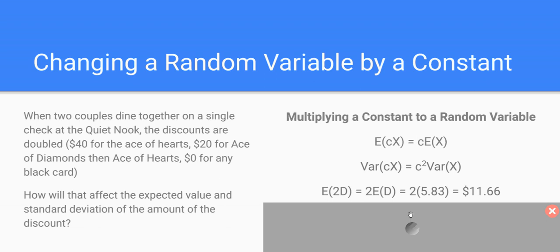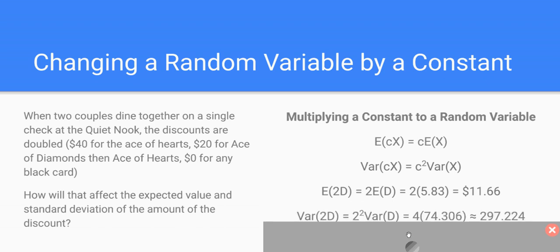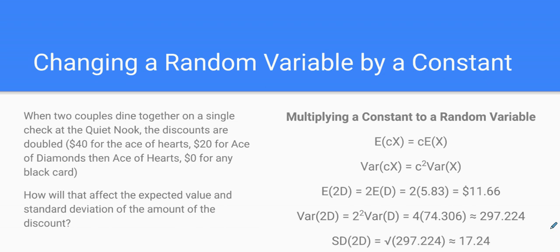Standard deviation wise, now when it comes to the standard deviation, the variance would be now huge, right? Because the variance was, oh, there it is, $74.31 ish, right? So you're going to quadruple that. But standard deviation wise, it would still wind up just doubling the standard deviation.